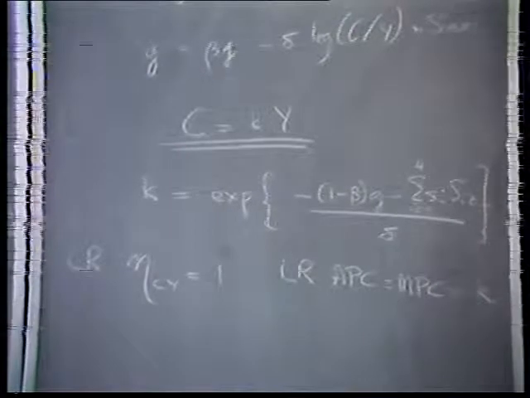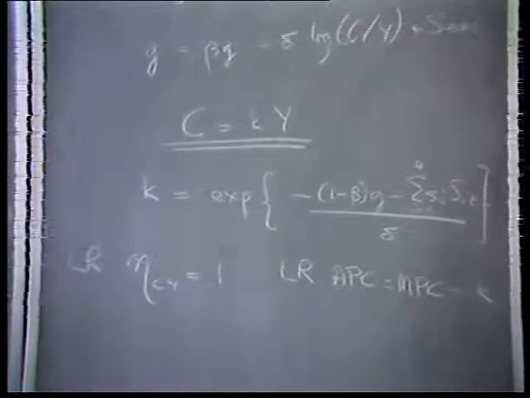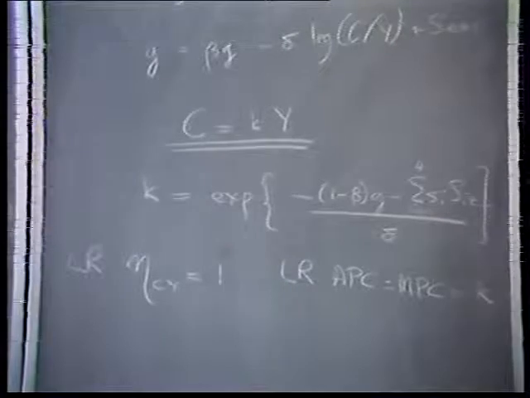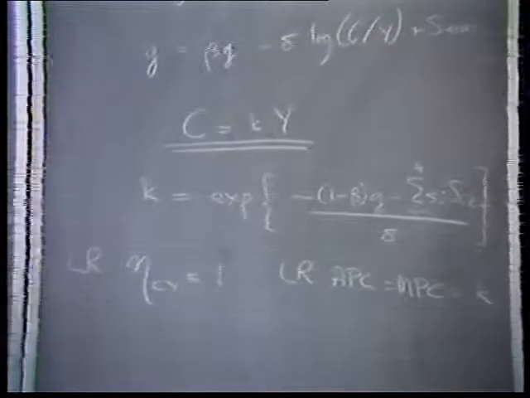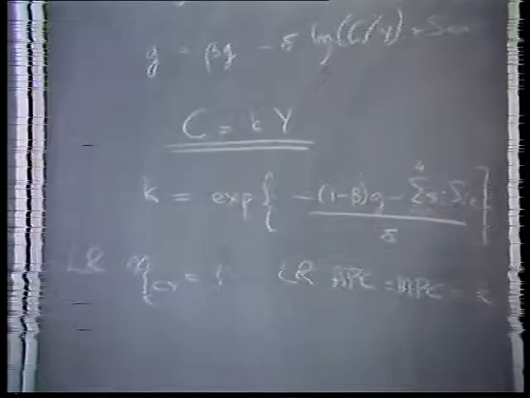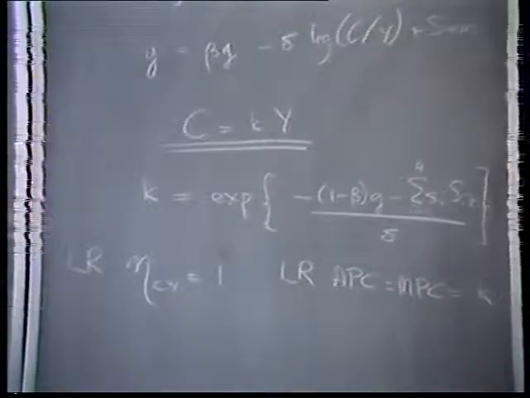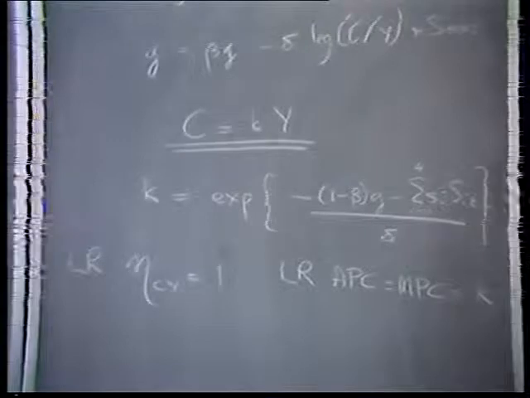So the higher the growth rate, the lower the marginal propensity to consume, which seems to be consistent with cross-sectional data when the cross-sections are comparisons of consumption relationships for different countries.